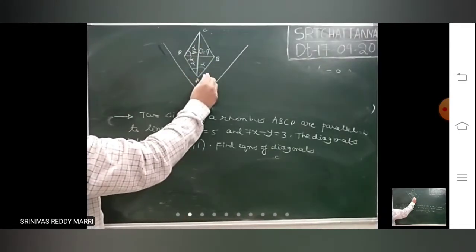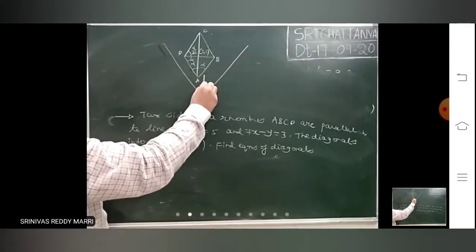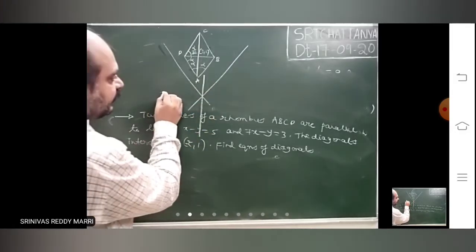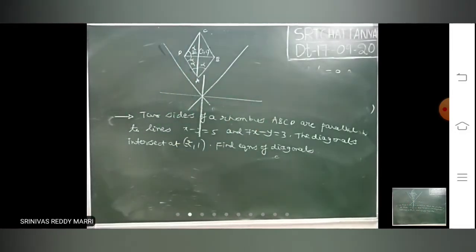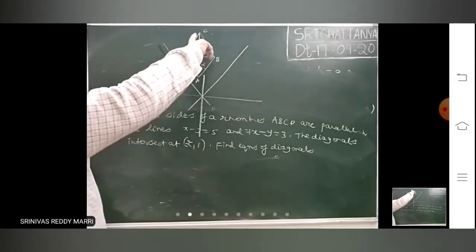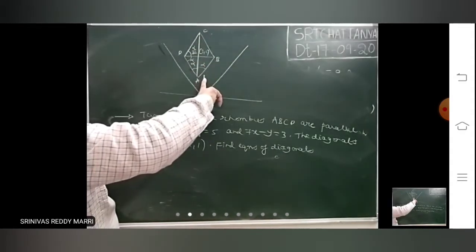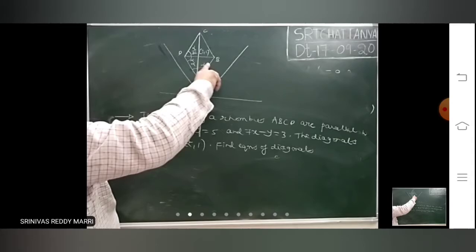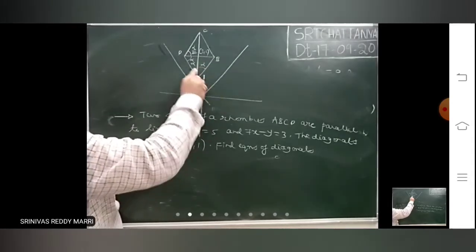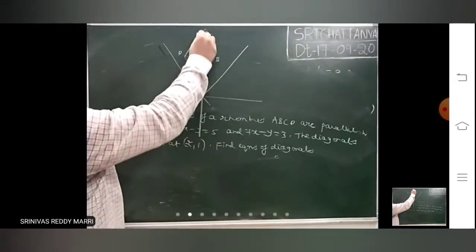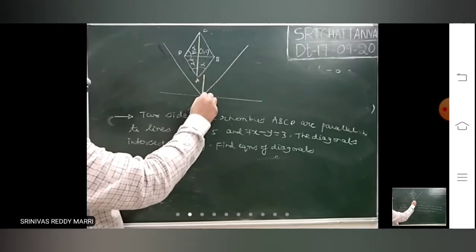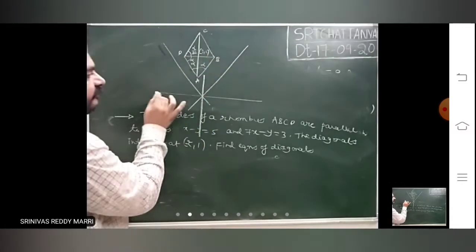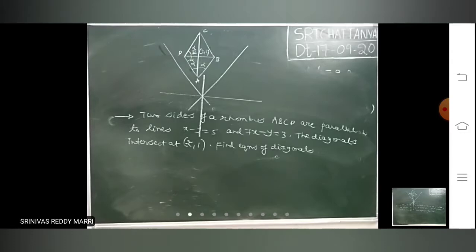That means for this AC, look, I am drawing one angular bisector for these lines. This AC will be parallel to this angular bisector because these two are parallel lines, and BD will be parallel to the other angular bisector.